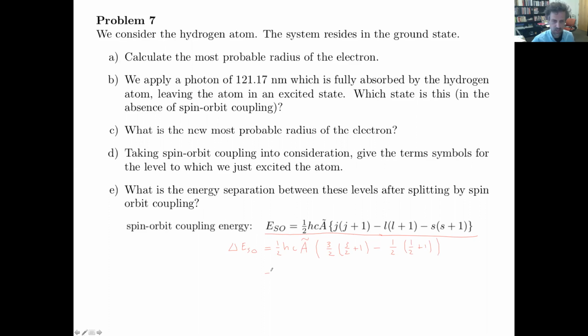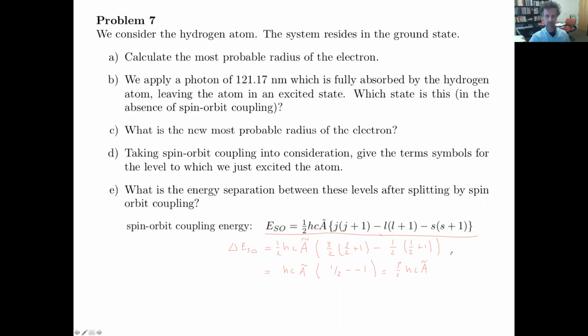So this one here is going to give me, in the end, the following expression: h c A tilde, and then I have half minus 1. That equals 3/2 h c A tilde. And that is the final answer. Okay, so 3/2 h c A tilde.